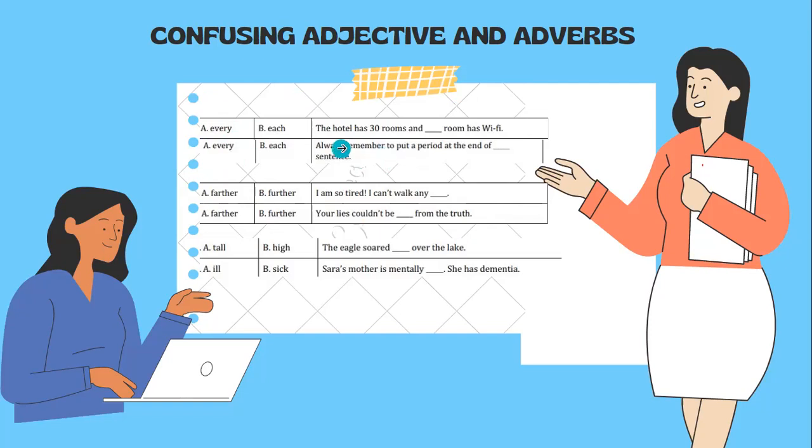So if there is a subject, the hotel has 20 rooms and every room has Wi-Fi. So we have to say every.